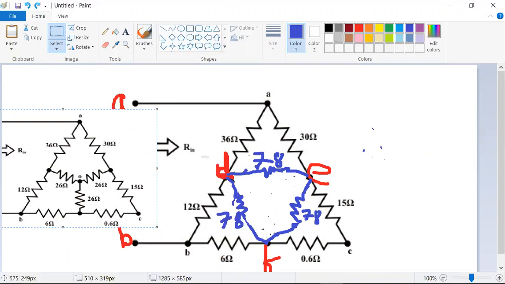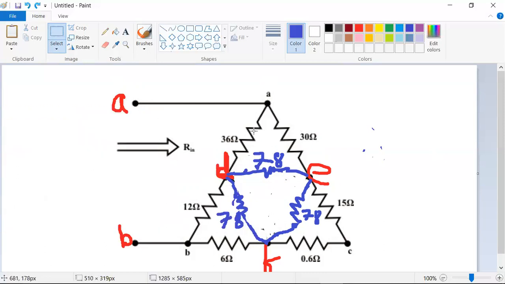Now let's see. Right. From this, we can apply. This is delta. This is one more delta. This is delta. Now we can convert these three deltas into the star, like this.